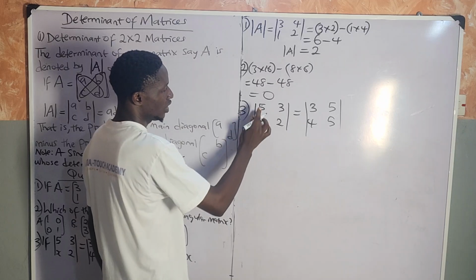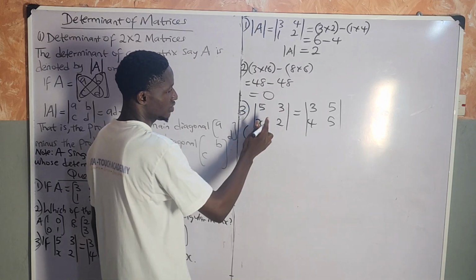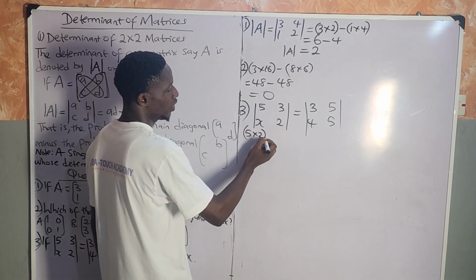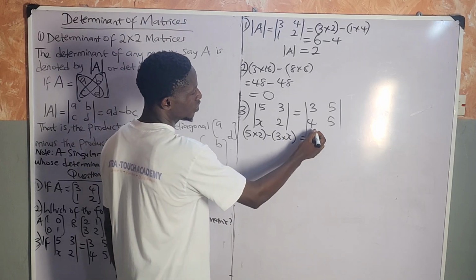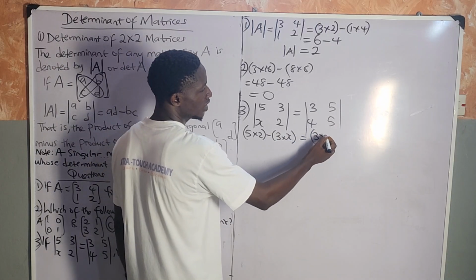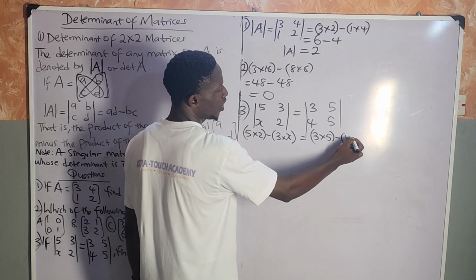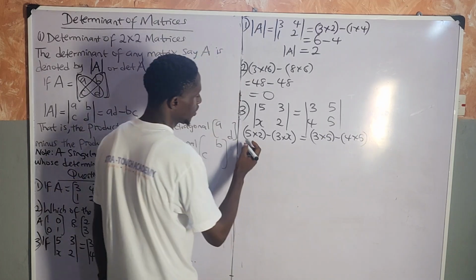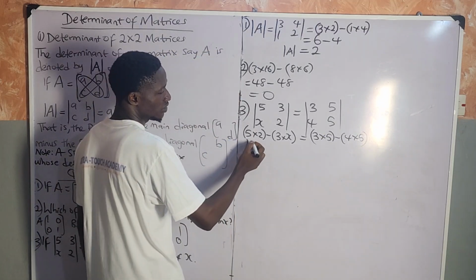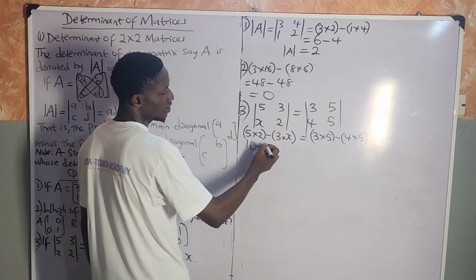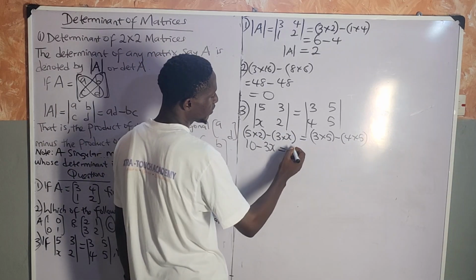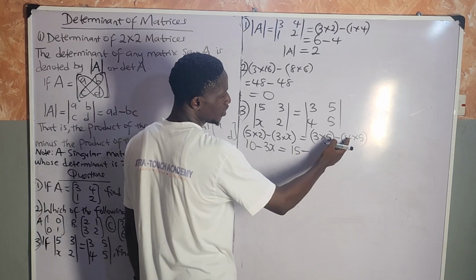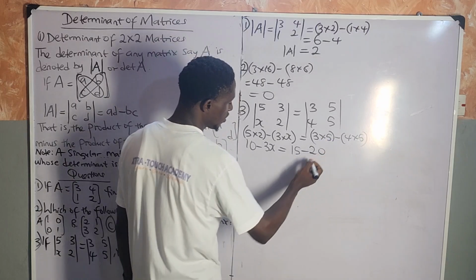So this times this minus this times this. 5 times 2 minus 3 times x is equal to 3 times 5 minus 4 times 5. 5 times 2 is 10, minus 3x, is equal to 3 times 5 which is 15, minus 4 times 5 which is 20.